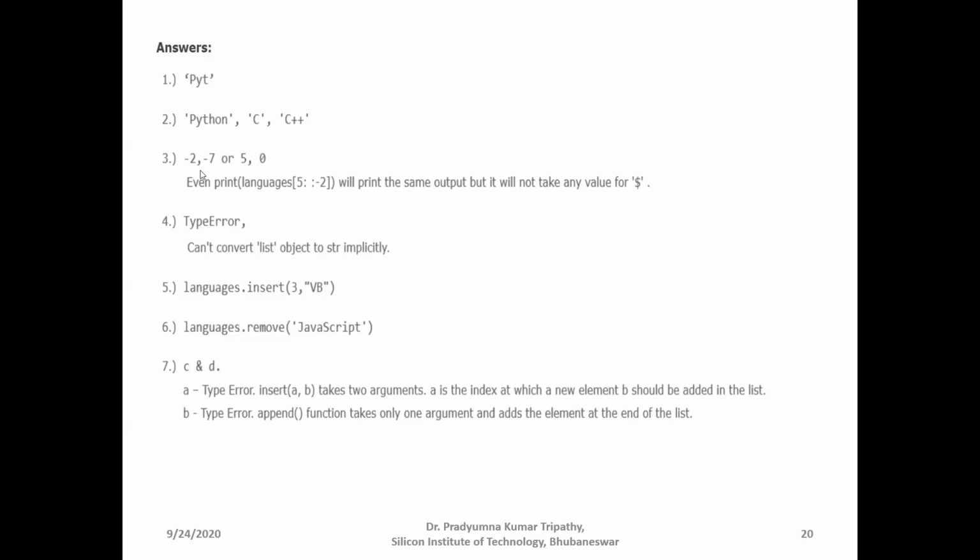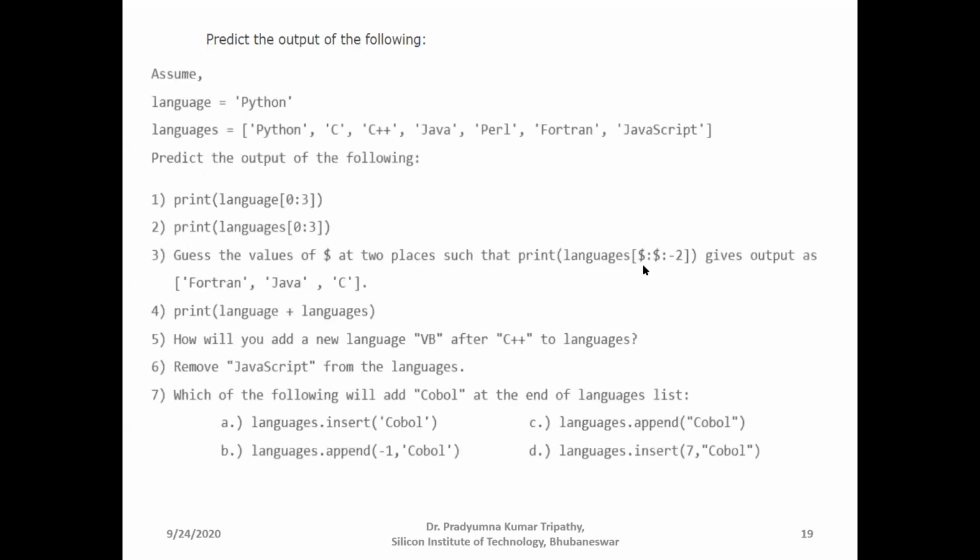So is that understood? These dollars may be replaced by -2, -7, or you may write 5 with 0. So 5, 3, 2 like that. One this way. Is it understood? Yes, sir.